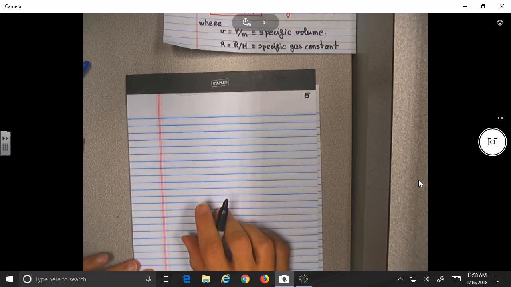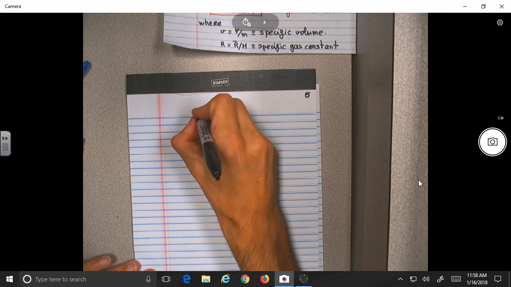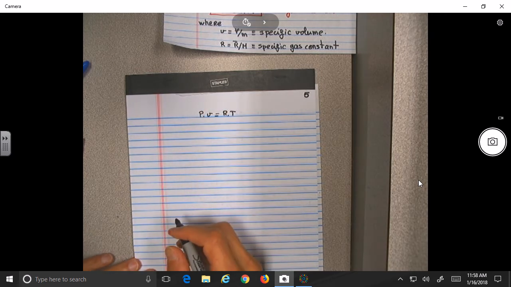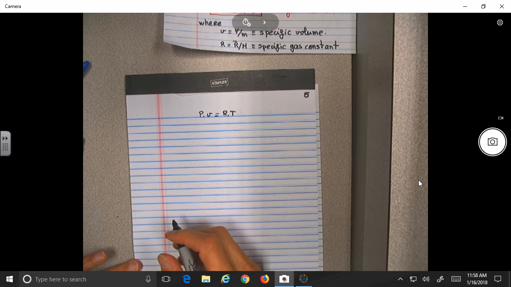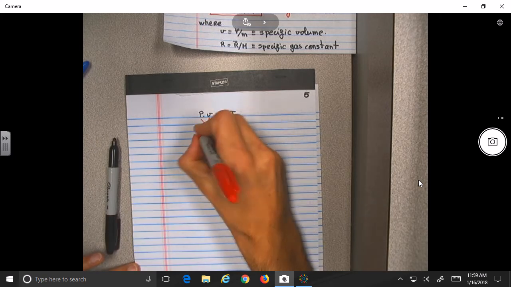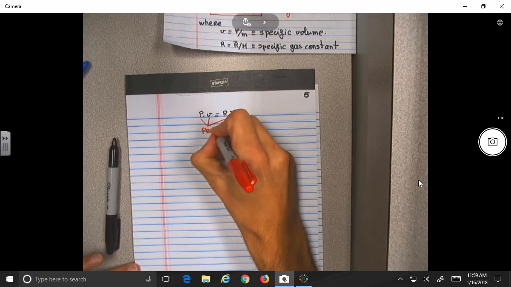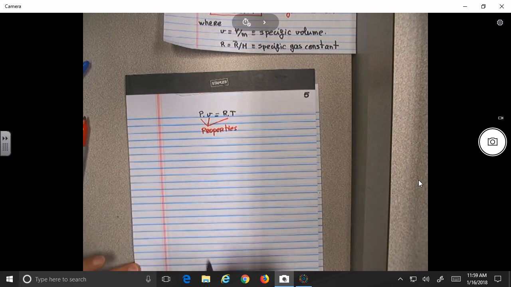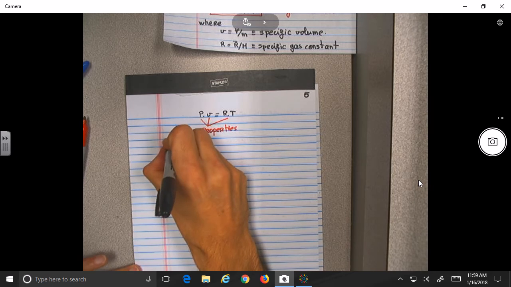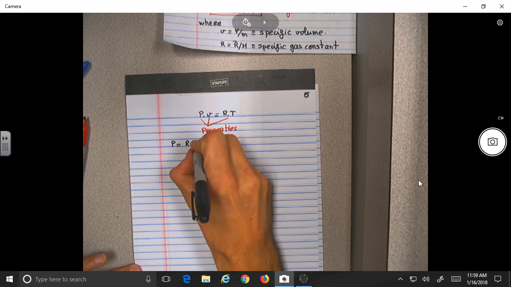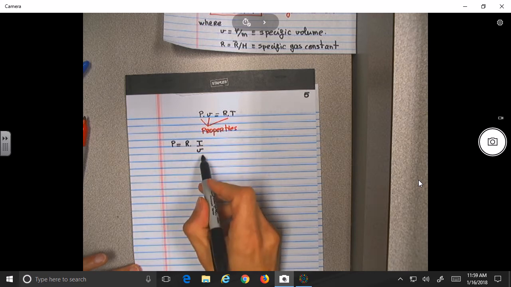So page 5. The important part, let's just recall that equation: PV equal RT. This is our ideal gas relation. What's important here to know is that all these three are properties. So this relation is always going to give us the value of one property in function of two other properties.